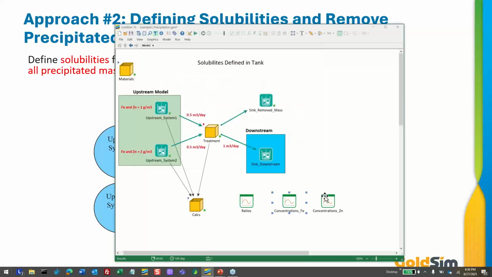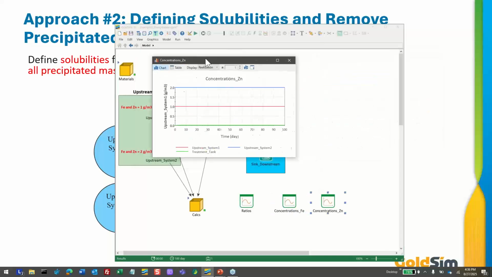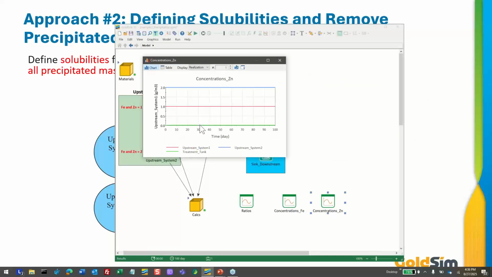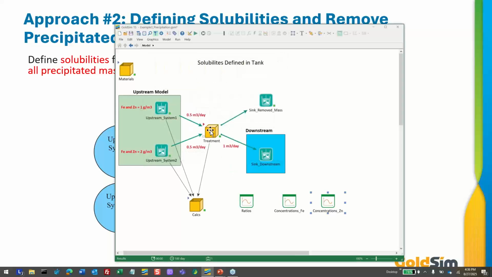If we look at zinc, we specified a solubility of 0.01. We immediately apply that solubility inside the tank, and it reaches that very quickly as soon as we put in a little bit of mass. And that's the concentration leaving the tank. So the concentration going downstream is leaving at the solubility limit.